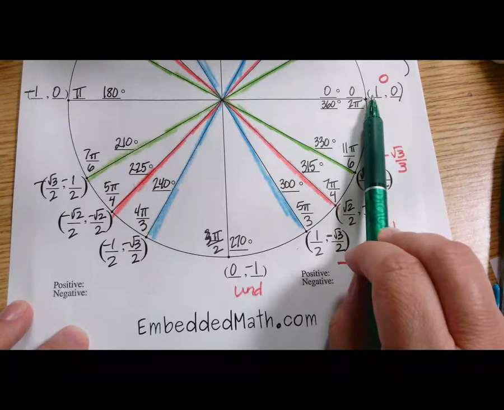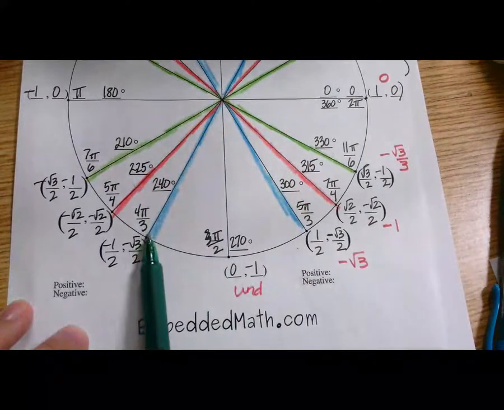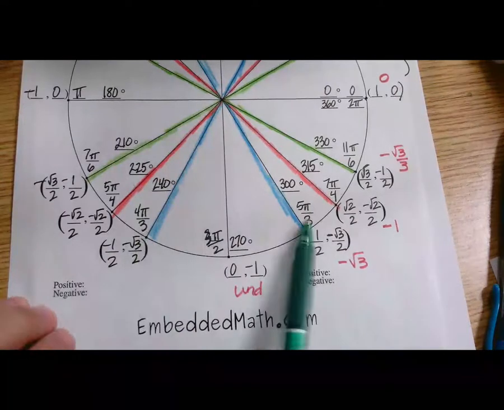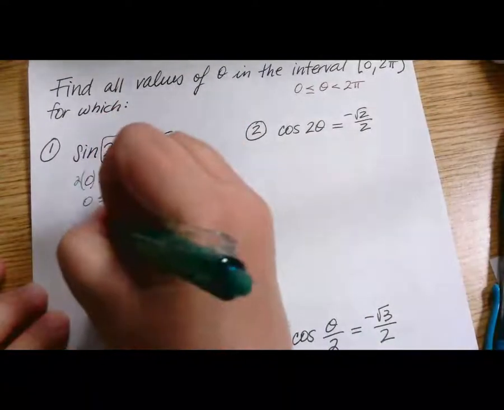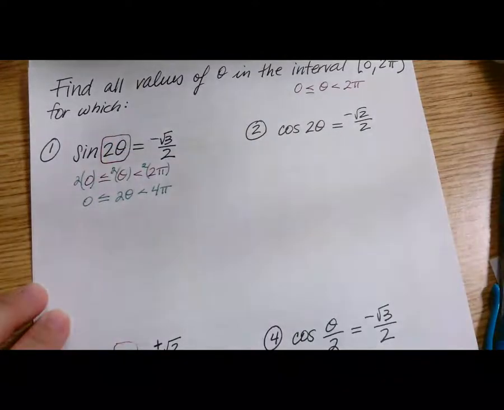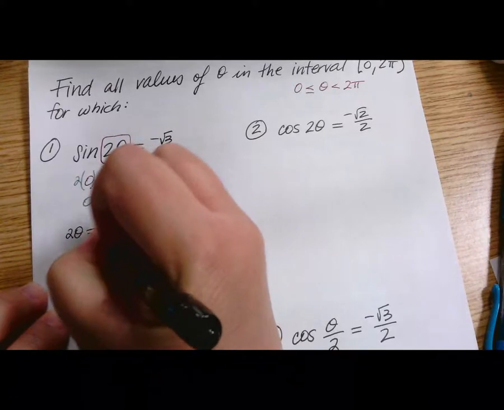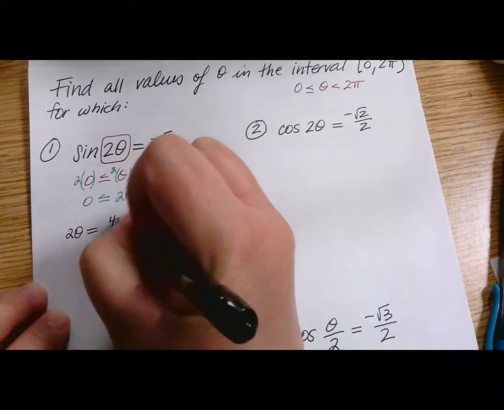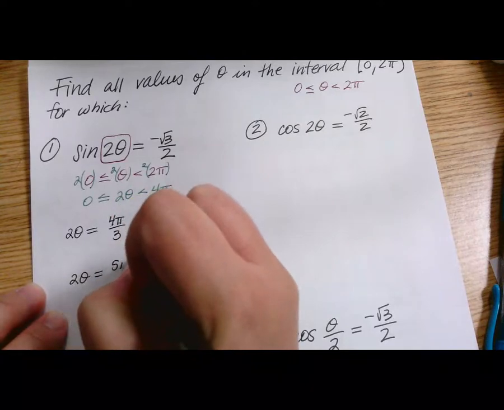Or another way you could do it is, in just one rotation of the unit circle, it happens at 4 pi over 3 and 5 pi over 3. But that's only going around once.